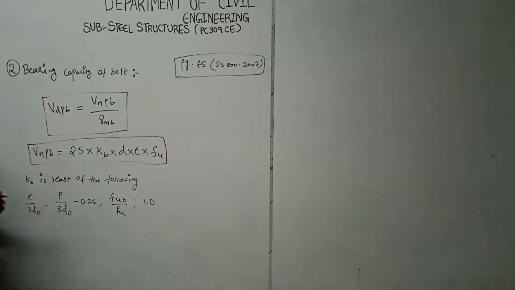We have to take the values by substituting in this. Whichever the least value will be there, we'll consider it as the K_b value.